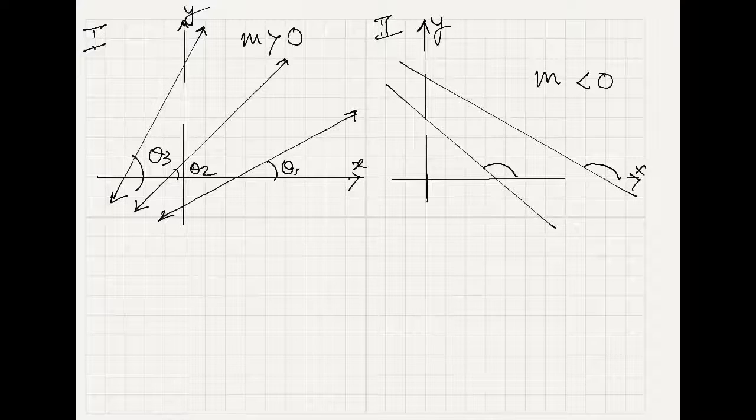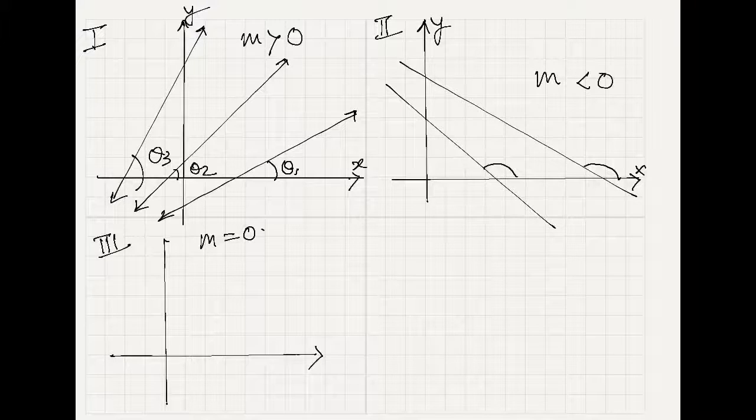And the third case is where m equals 0: those are the linear functions or lines that are parallel to our x-axis.